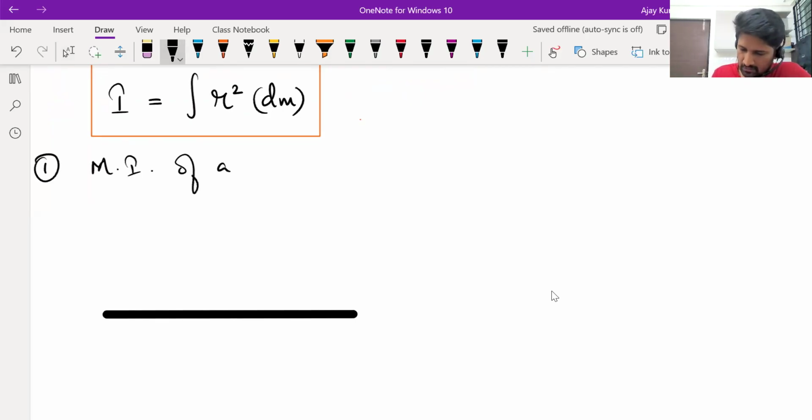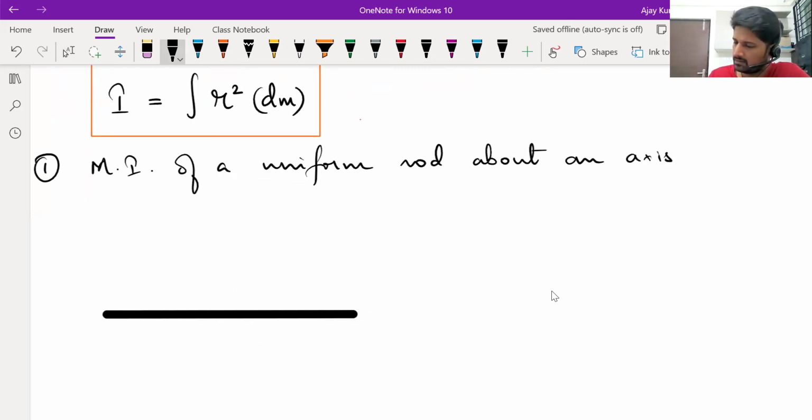Moment of inertia of a uniform rod about an axis perpendicular to the rod and passing through one end of the rod.